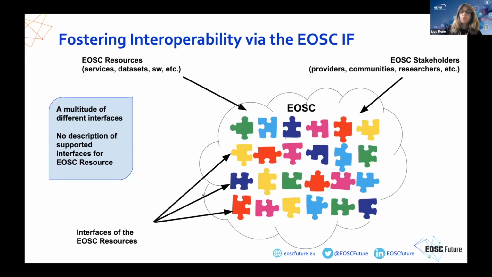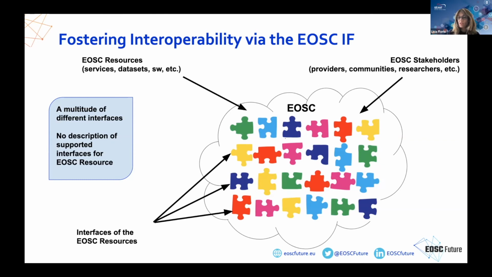I just want to say a little bit more about interoperability to be sure that what we have in mind makes sense for everybody. If you look at EOSC, what you see here is this very colorful and maybe heterogeneous environment with different providers, communities, researchers. And as you can see, these blocks, these pieces of the puzzle, in many cases have different connectors.